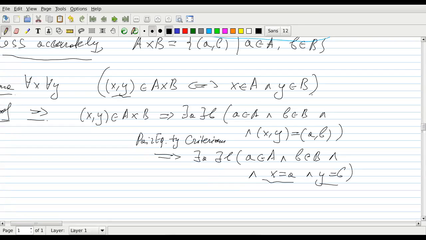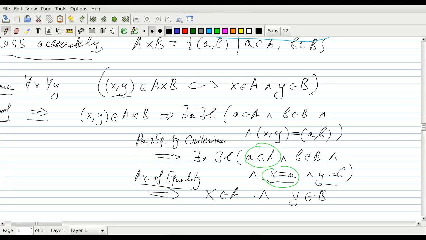So now I see that a is an element of capital A and x equals a. We know that equal sets behave identically, by the axiom of equality. By the axiom of equality, if little a is an element of capital A and x equals a, that means that x itself is an element of A, and likewise y is an element of capital B. Is it clear?